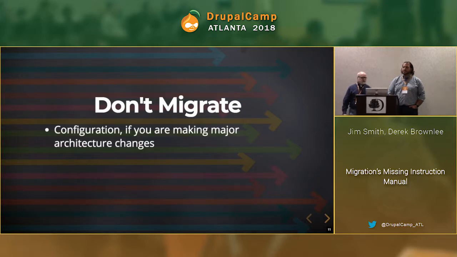Well, so what don't you want to migrate? In our case, one of the things was configuration, because we wanted to start with a clean slate on the back end with new content types, and so there wasn't any point in doing a wholesale configuration change.